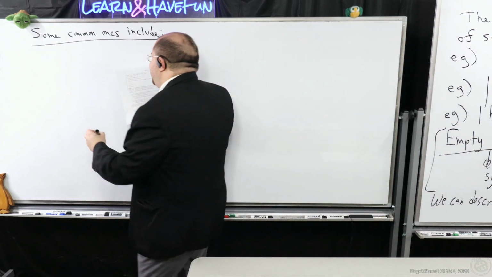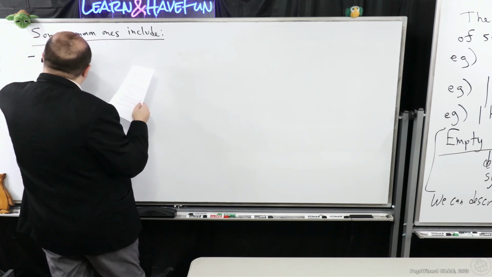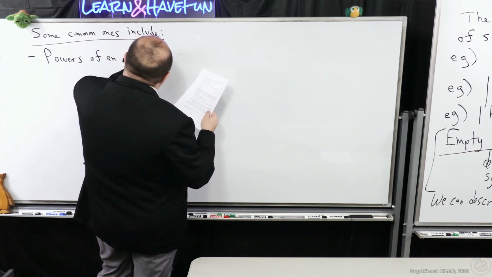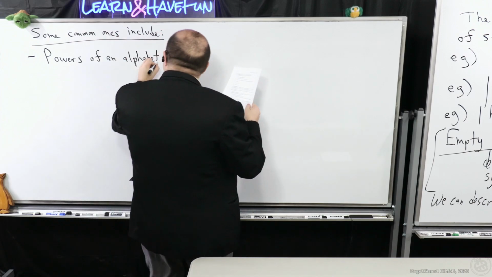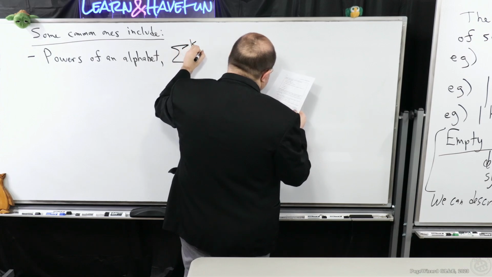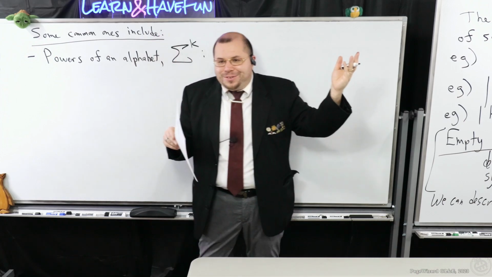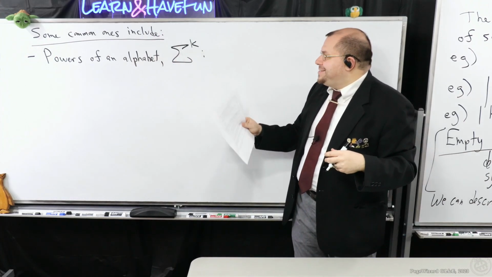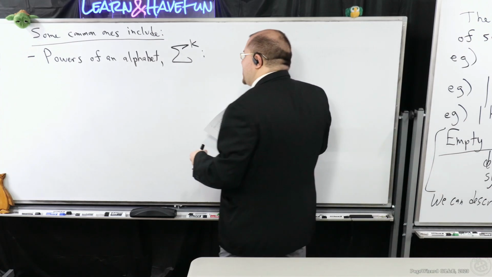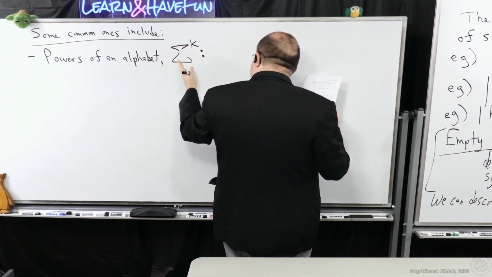So we're going to first talk about the idea of powers of an alphabet. And I must stress that this concept easily generalizes. So I could talk about an alphabet raised to some power. Just like you have a number and you raise it to an exponent, you could do the same thing to a set of strings. And namely, you could even do it to the alphabet itself. So what does that mean when I do this to the alphabet?